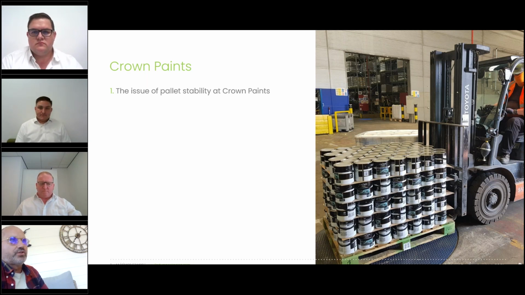We've used Dunnage bags to try and improve that and close the gap, and increased resource by 3 people, 1 per shift.